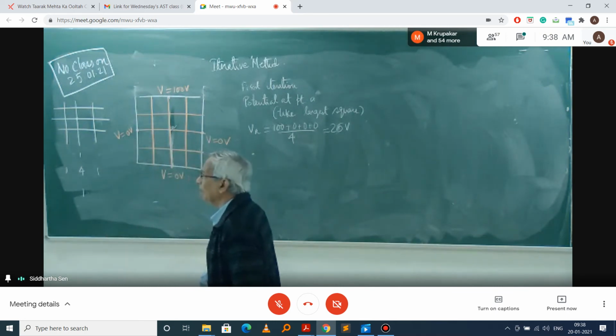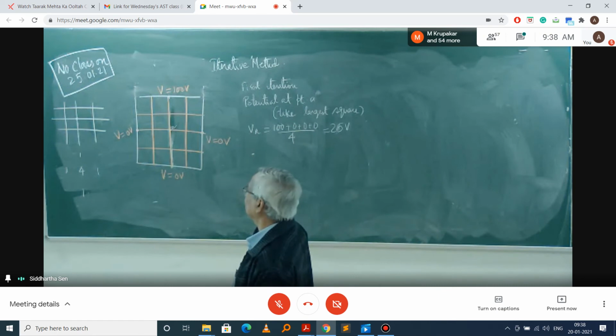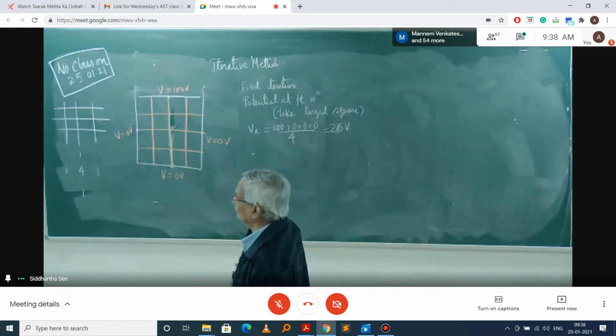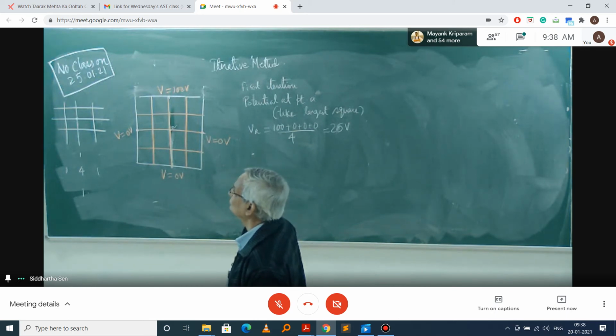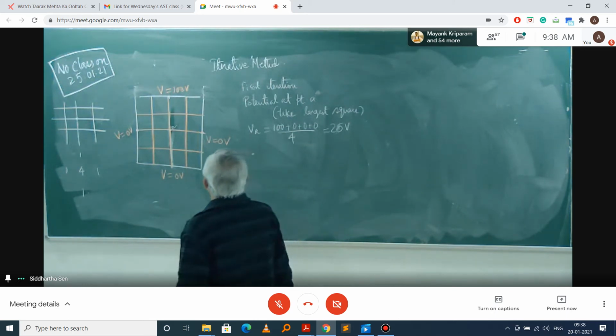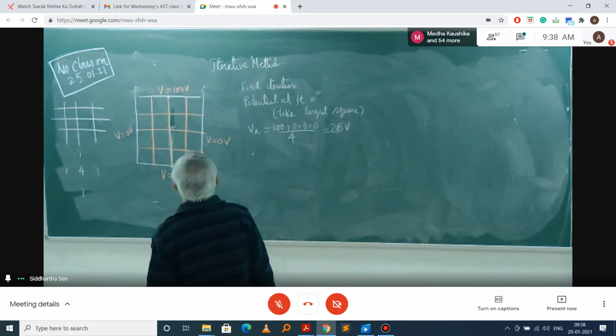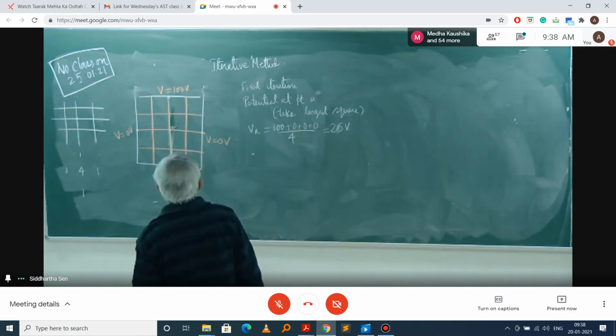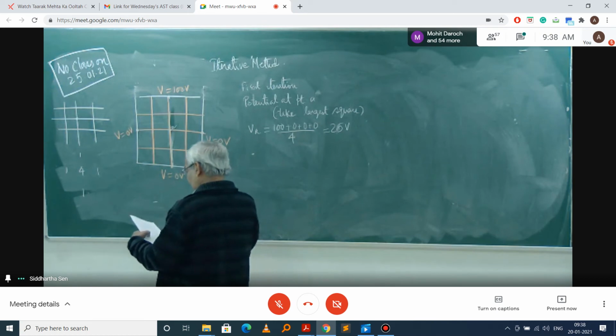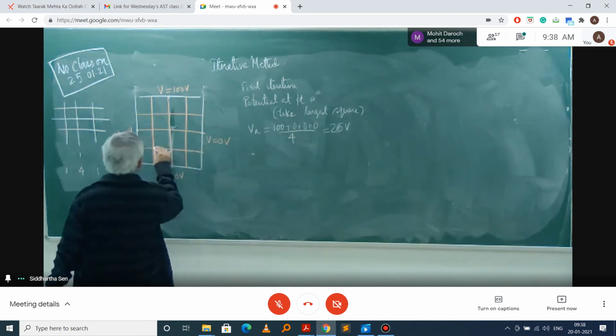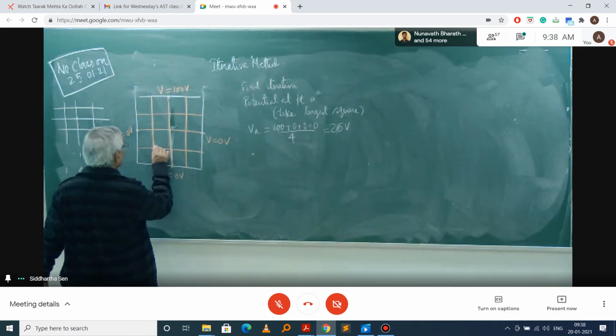I add them up and just divide it by 4. Got my point? And this is the node voltage for the center point, right? We assume this is the center, point A. Now say I take a point of B there.